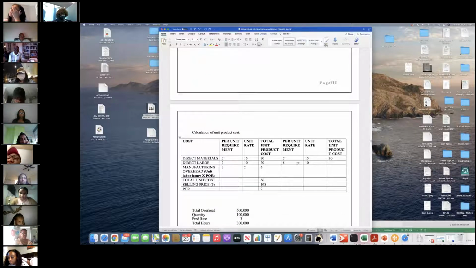You're going to divide 5 into 10 to get 2. In this situation, they work 3 hours and they get $10. But if they're making more than 1 in an hour, then you divide. So I've got to always keep that in mind.